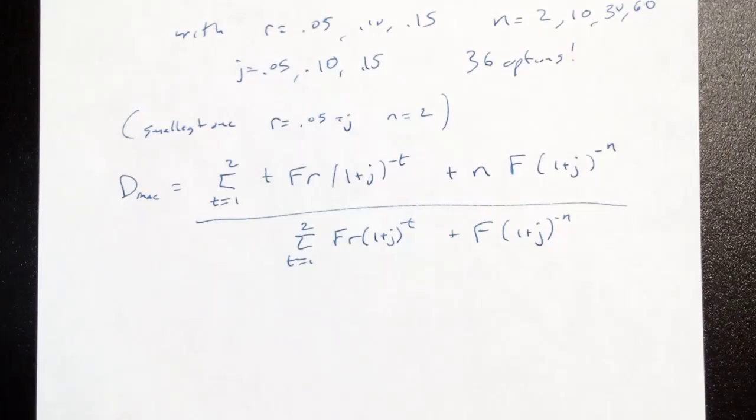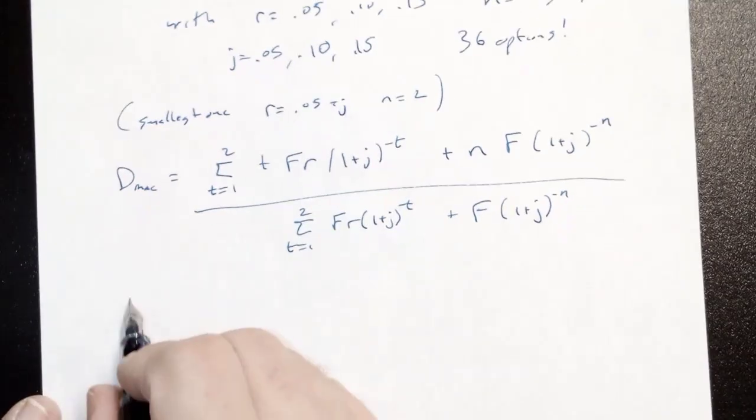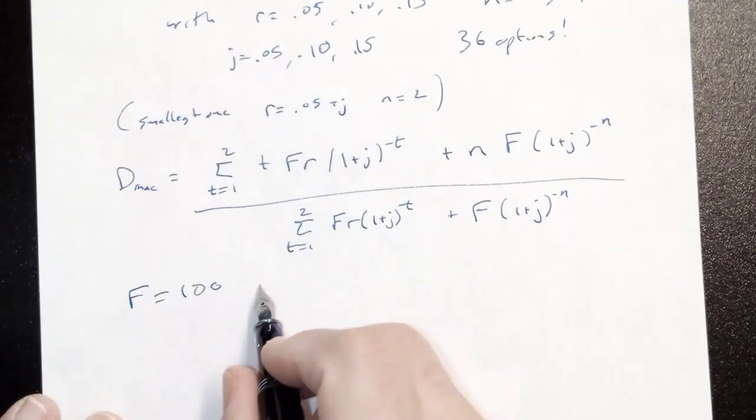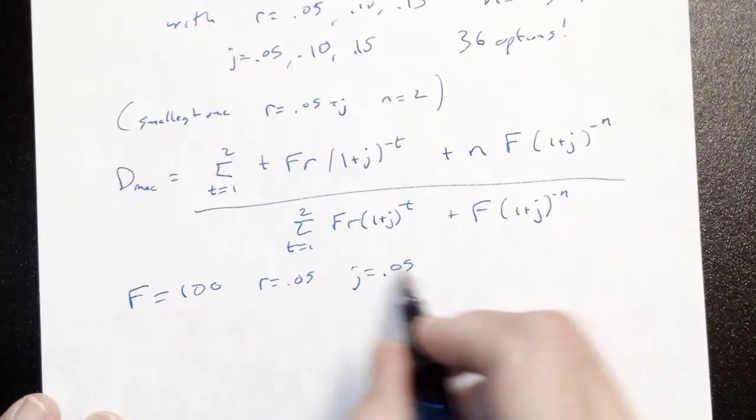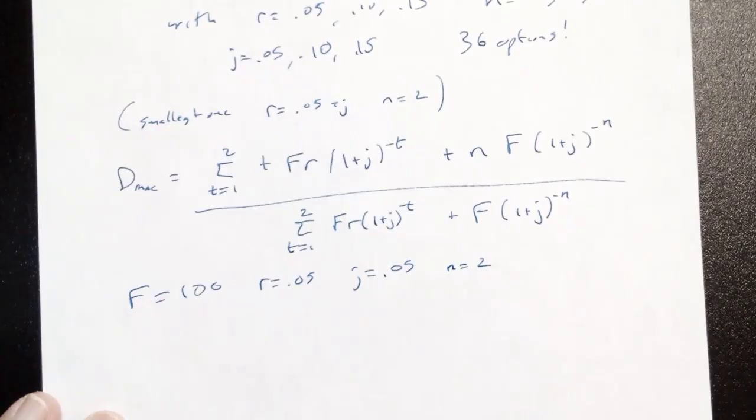If I really want to do this right, I need the actual face value. So let's say F equals 100, R equals 0.05, J equals 0.05, and N equals 2.